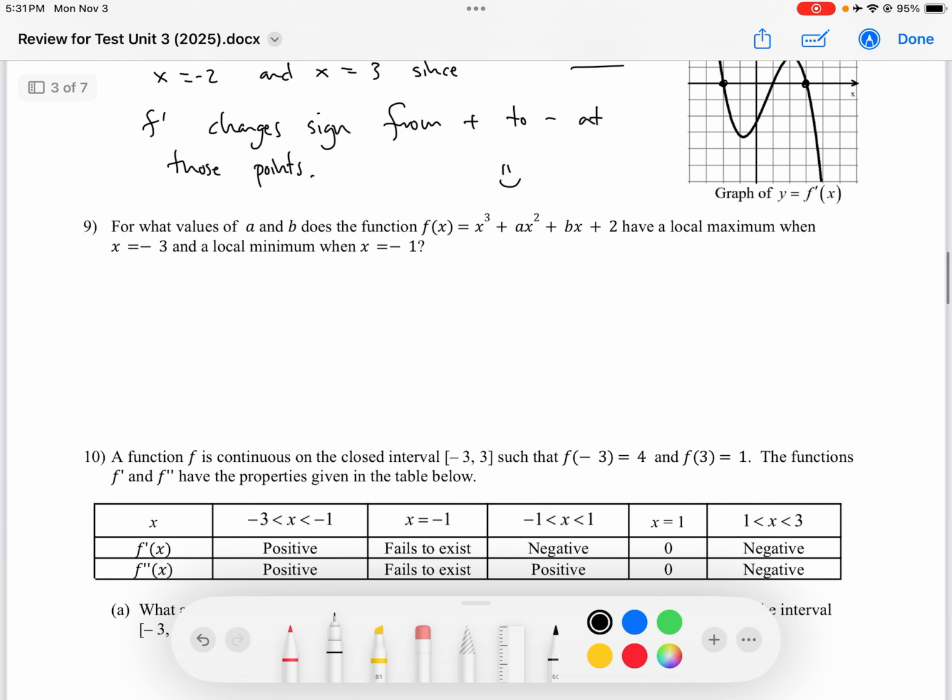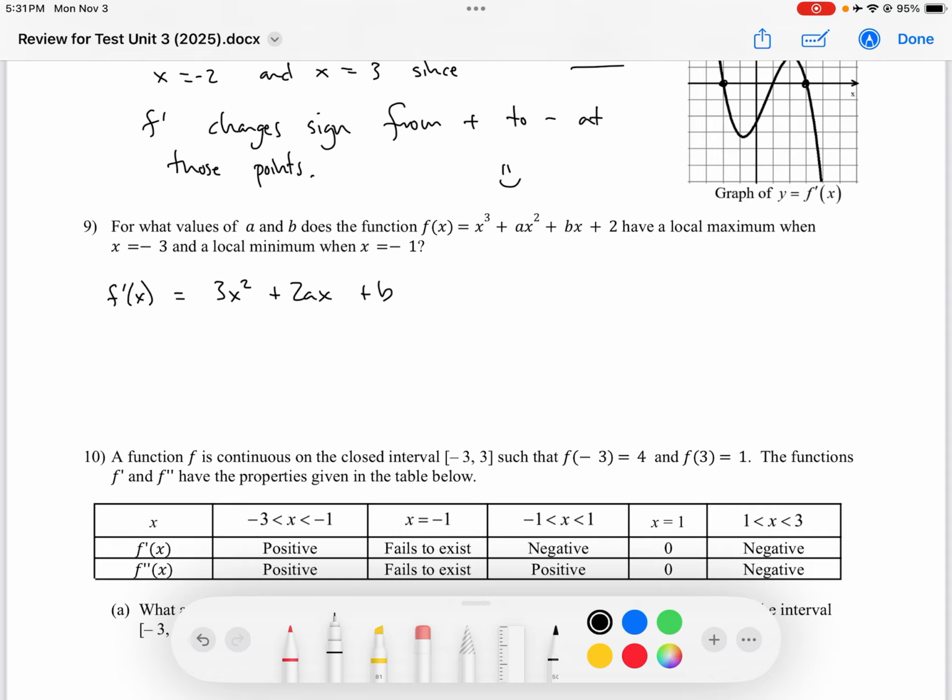All right, for what values of a and b does this function have a local maximum when x equals negative 3 and a local minimum when x equals negative 1? All right, well, let's find f prime and set it equal to 0 and see what we can figure out. Finding f prime gives us 3x squared plus 2ax plus b.